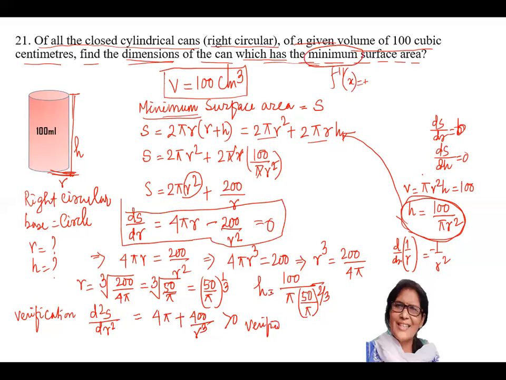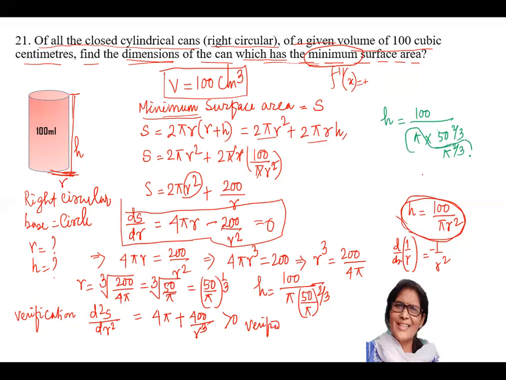Are you able to simplify this h, or shall I do it for you? No problem, let us do it here. So h is equal to 100 by pi into (50 by pi) to the power 2 by 3.